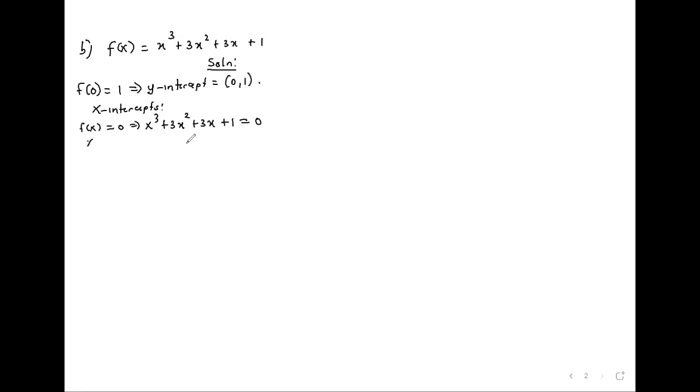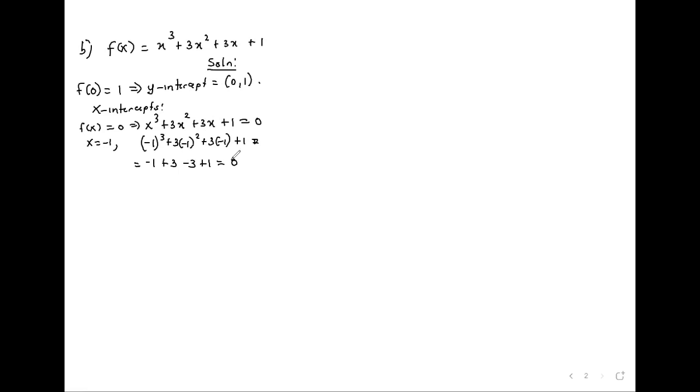Let's try x is equal to -1. We have (-1) cubed plus 3(-1) squared plus 3(-1) plus 1, let's see if it satisfies the equation. So we'll get -1 plus 3 minus 3 plus 1, which is indeed equal to 0.